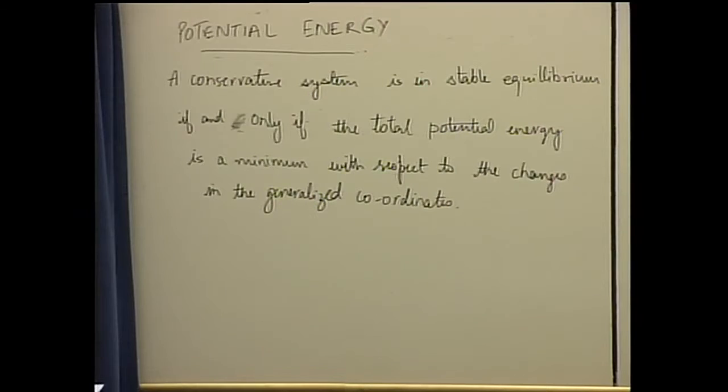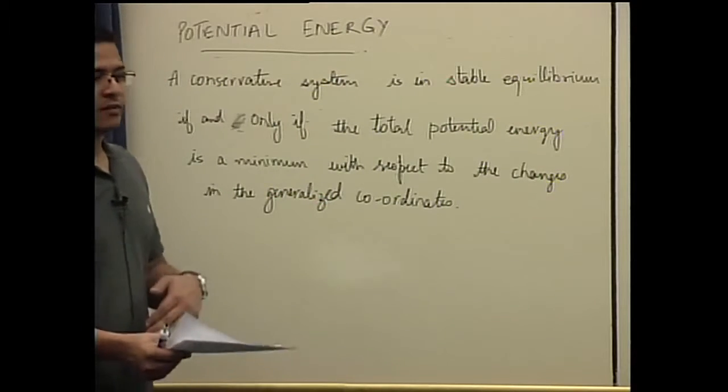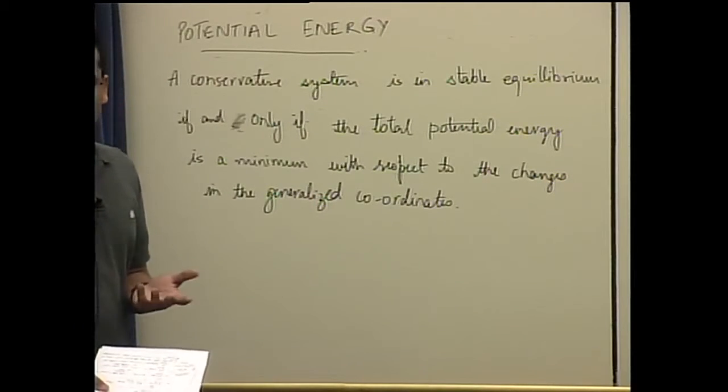So we would have a stable equilibrium situation if potential energy is a minimum. Otherwise, we have an unstable equilibrium or a neutral situation.